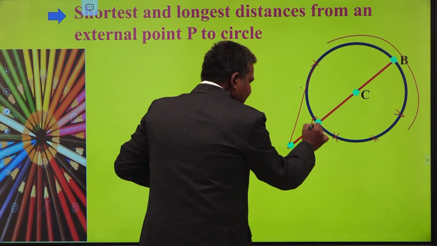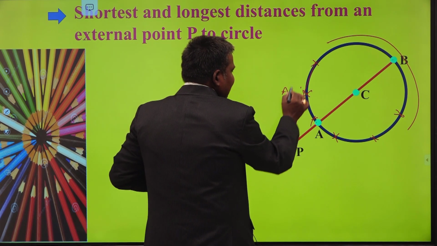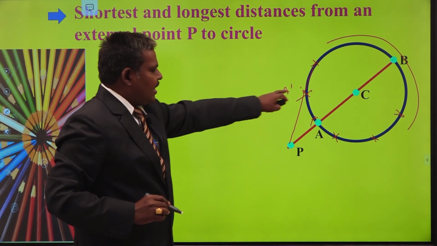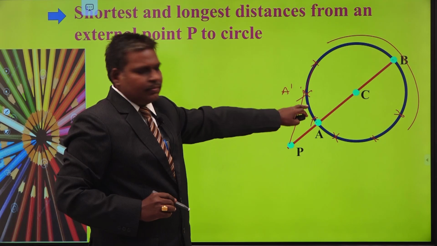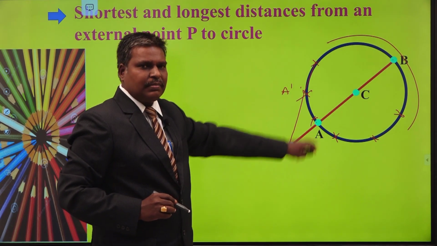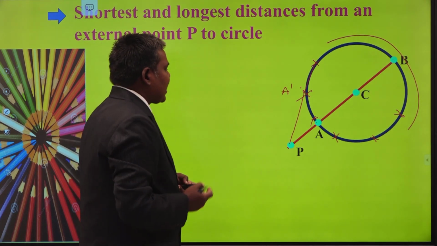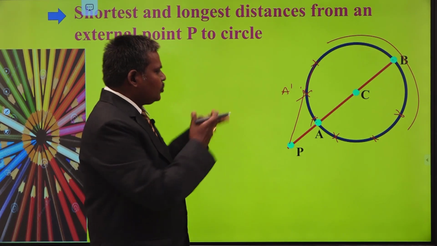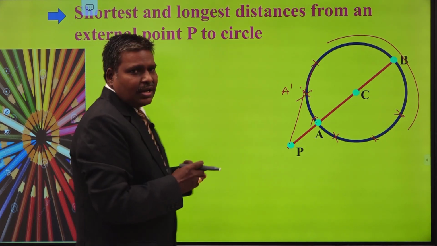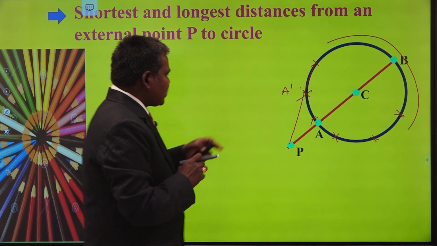Suppose I am not taking this as the nearest point, I would like to take some A dash as the nearest point. By the diagram all of you agree A is the nearest point. But somebody may say, without just showing the diagram, why should I accept A as the nearest point? Is there any theory for that? They may ask. I am going to explain that.